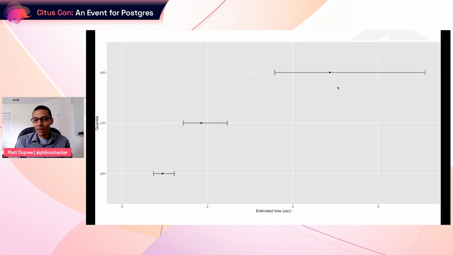And so what we're looking at here is a visualization of the P90, P70, and P50 of the performance of the queries. And you can see that at the top, the middle, and the bottom of this visualization. And the dot shows the actual performance estimate when we ran it across, let's say, a few hundred accounts. And then the bands, the interval here, it kind of looks like a TIE fighter.